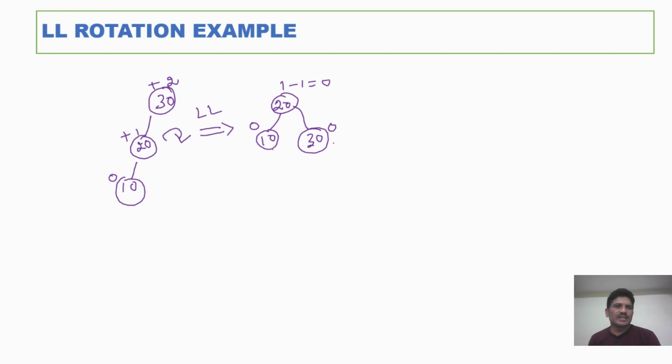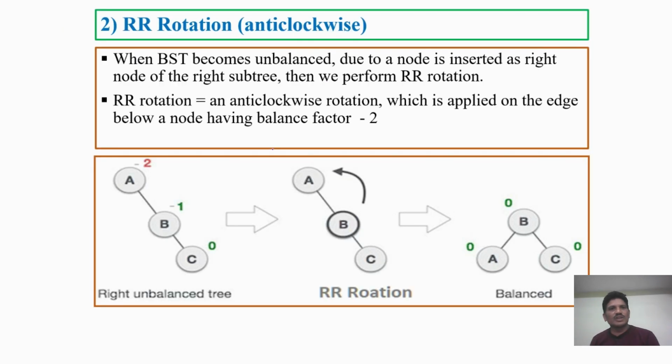Whenever inserting elements into an AVL tree, sometimes it does not become balanced, then we should perform the LL rotation or any other rotations. When it comes to the RR rotation, it is an anti-clockwise rotation. It happens when a node is inserted as the right node of the right subtree, then we can perform the RR rotation.